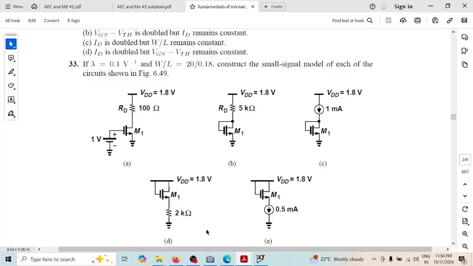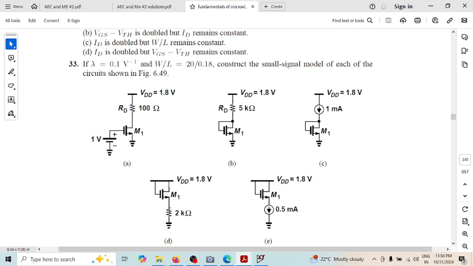So we have this circuit. It's interesting to see that this is connected there, and I have a 2K resistor connected between source and ground. This is 1.8 volt.